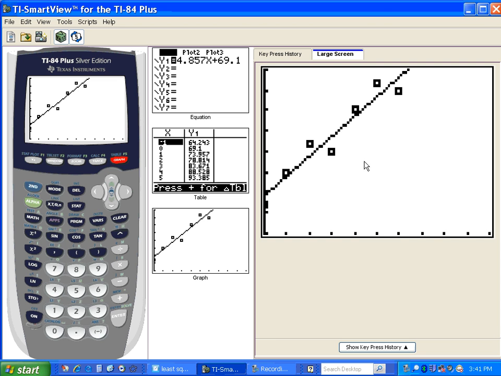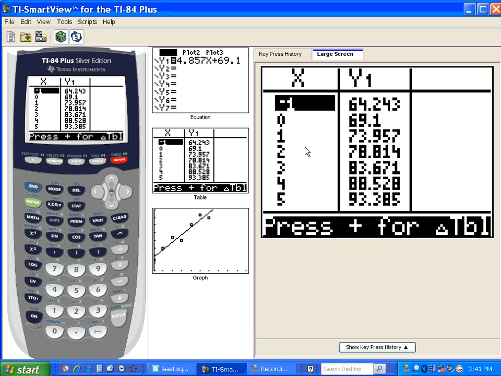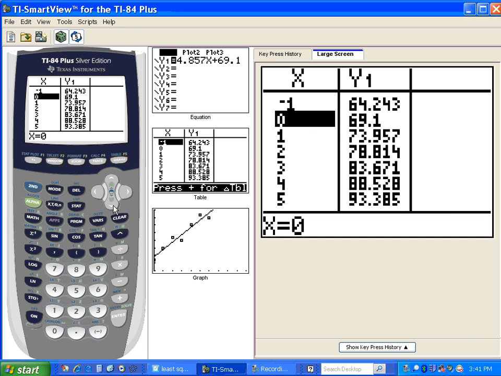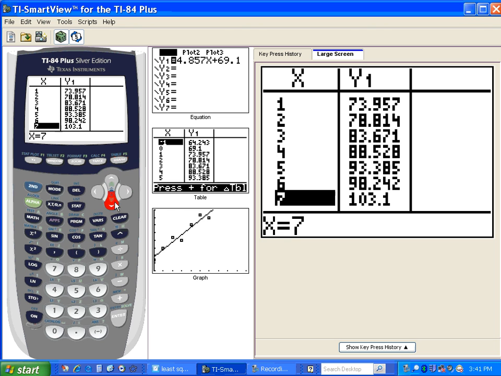This is very handy because if I want to make a prediction, then I can do second table and look at the data values here and say I want to know what grade I might get if I study for 7 hours. Oh, looks like I might even get over 100, 103.